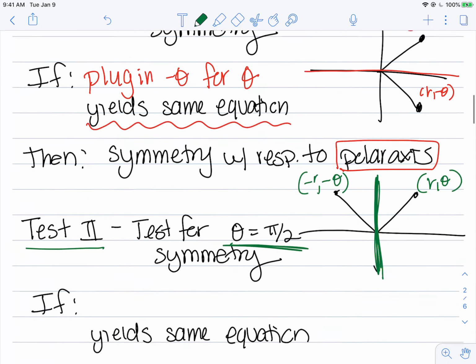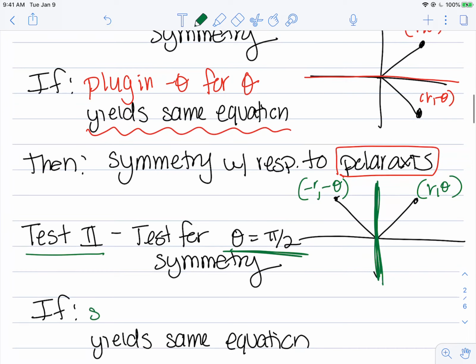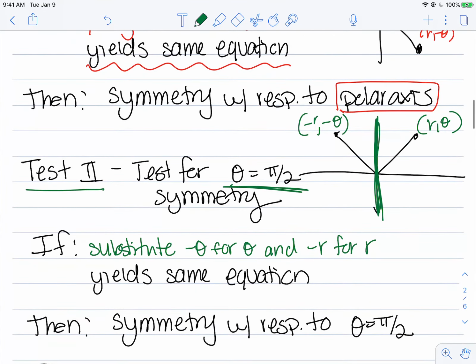So that means if you substitute, what are we going to substitute? Negative theta for theta and negative r for r, and you simplify your equation and you get the same equation, then you're going to have symmetry with respect to the line theta equals pi over 2. Okay, vertical.